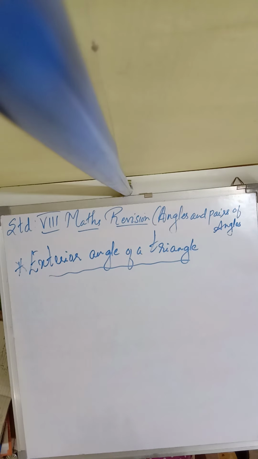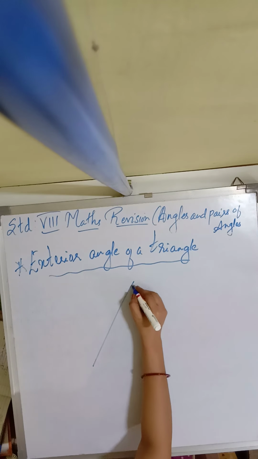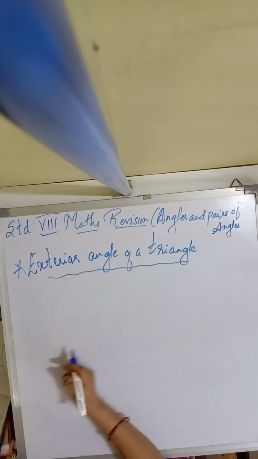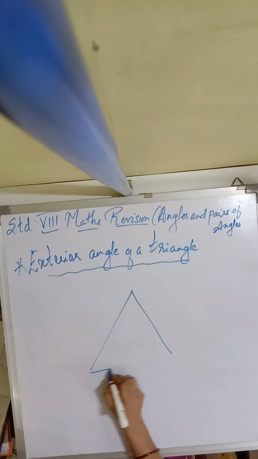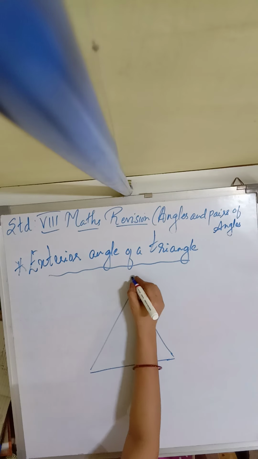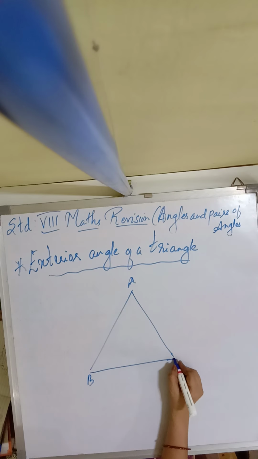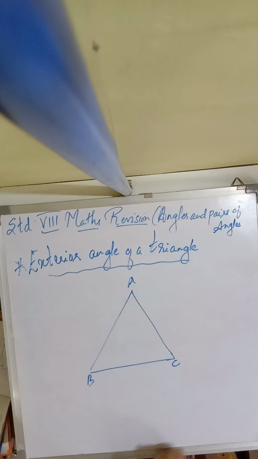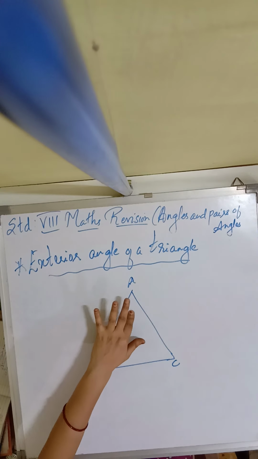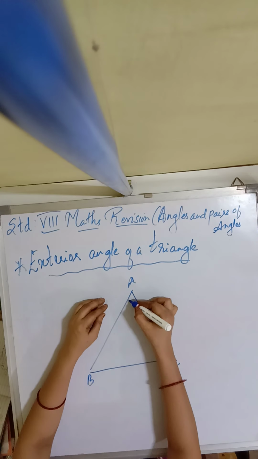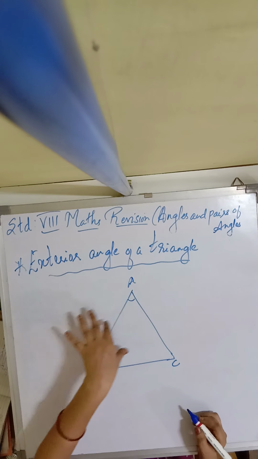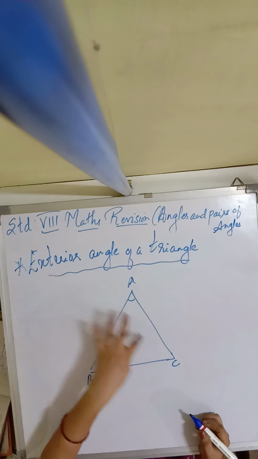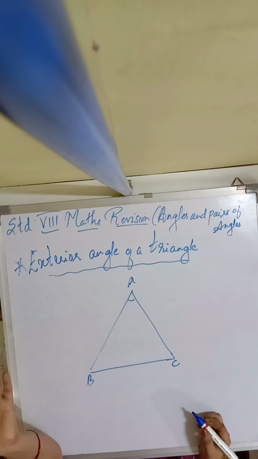Now suppose I am drawing a triangle, say for example I have drawn a triangle A, B and C. Now see, children, if I ask which side is opposite to angle A, we know that every triangle has 3 angles and 3 sides, which you already learned in your previous classes.